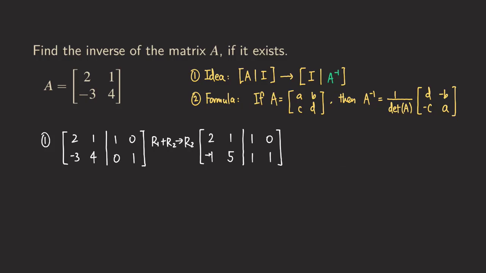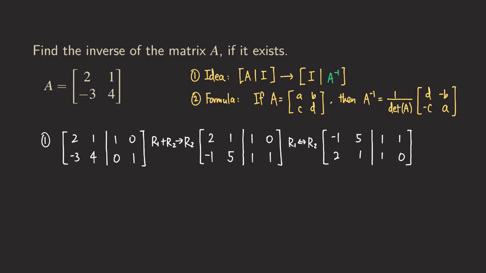What we can do is switch the first and the second row so that we have a -1 here, and then of course we can turn it into 1. So we can do row 1 switch with row 2. And so we are going to get -1, 5, then 1, 1. Then here, the second row, just copy.